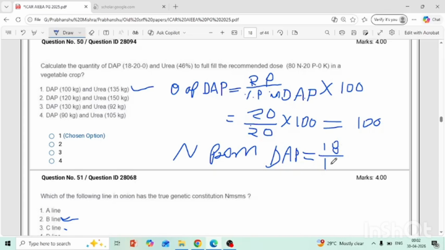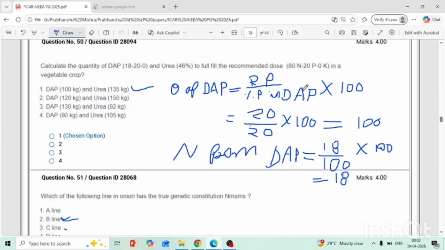So you keep 100 kg, into 100. 100 and 100 cancel, you get 18 kg. Means if you apply 100 kg of DAP, you get 18 kg of nitrogen from the DAP.